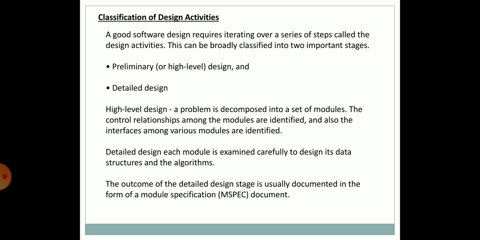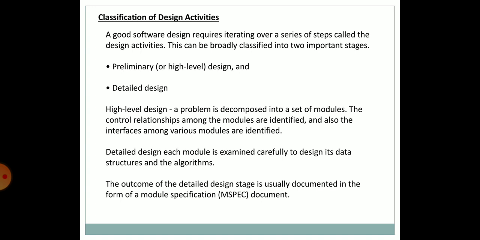Next one, the classification of design activities. As we said, a good software design is not arrived at by using a single step procedure. It is iterated over a series of steps, and these series of steps are called the design activities.